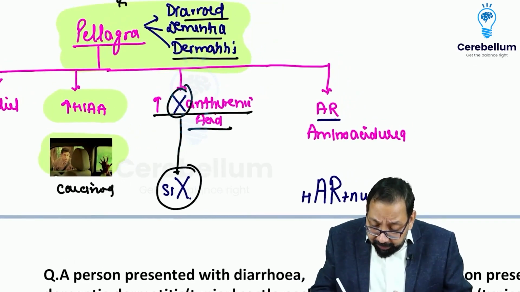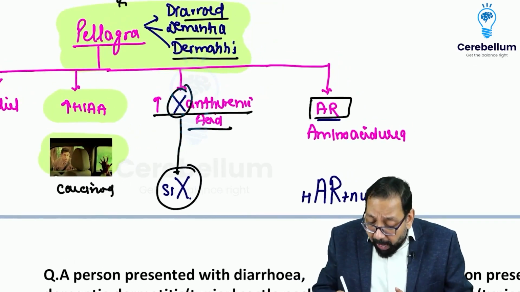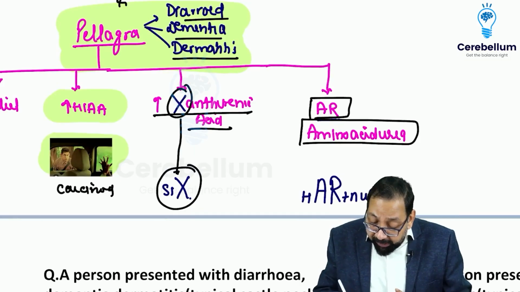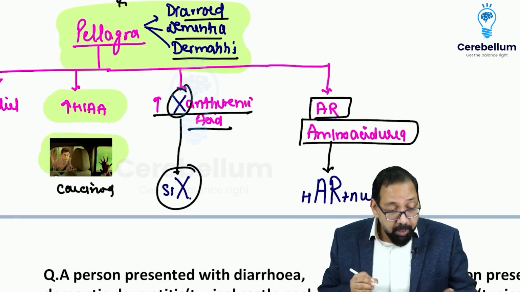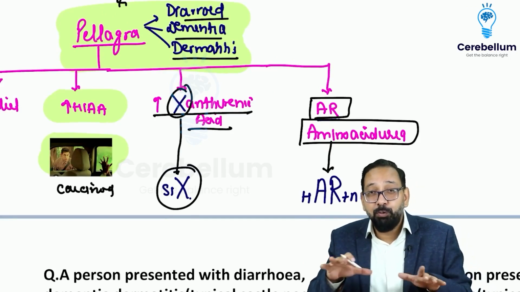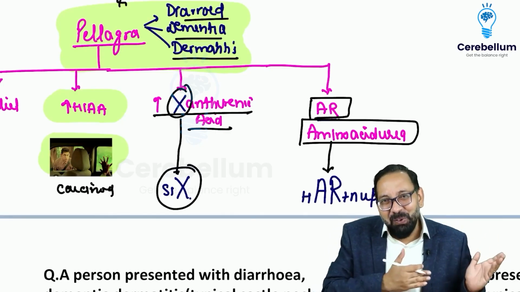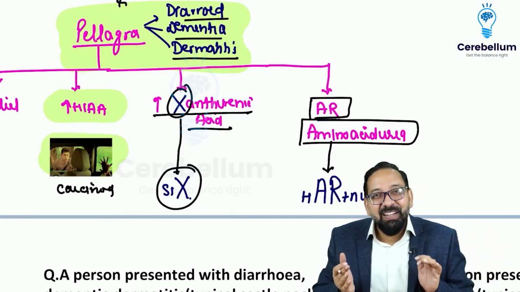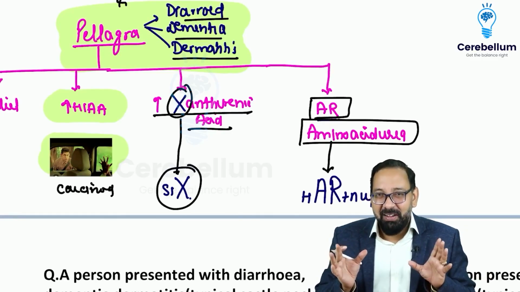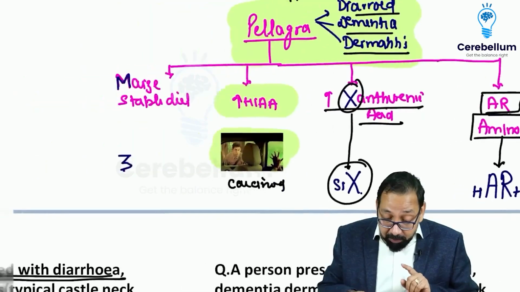If the question says autosomal recessive disorder, amino aciduria is there, that is Hartnup disease. Now, after hearing so many things like this, Hartnup, car scene, baby doll, Nia Sharma, you said maize came to mind. No, don't take too much maize.